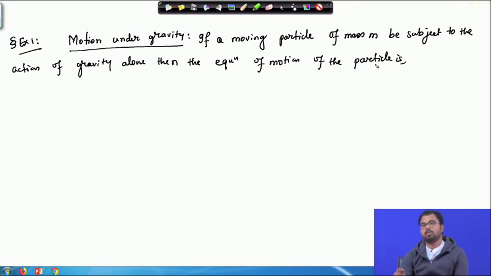So, the equation of motion, as you remember, is P equals m times A, where A is the acceleration and P is the force.